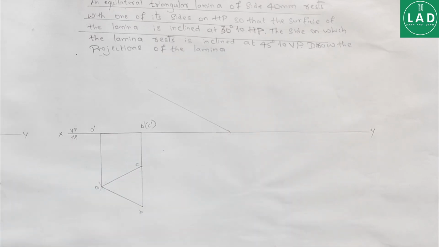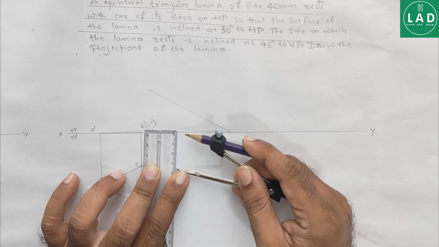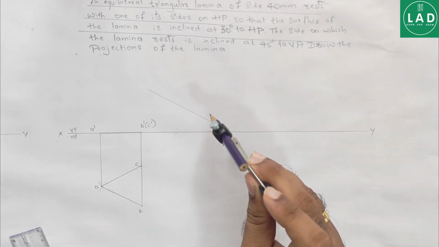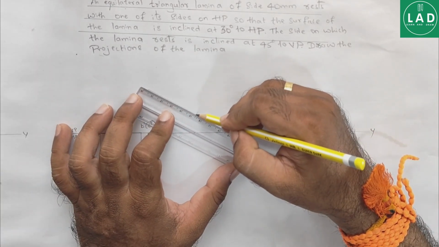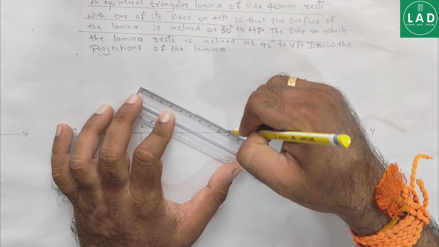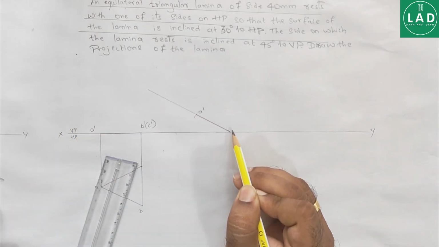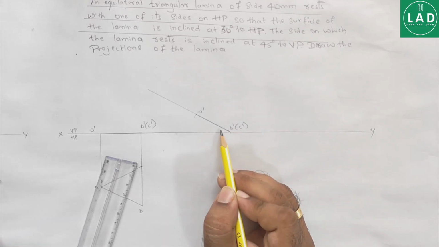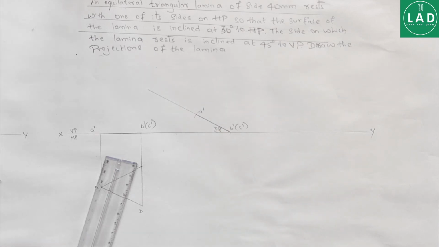So let's measure 3.5 centimeter from the compass. Let's draw an arc. Then darken this point, darken this line. Now name this as A dash, B dash bracket C dash. The angle is 30 degree. Now this is our second front view.